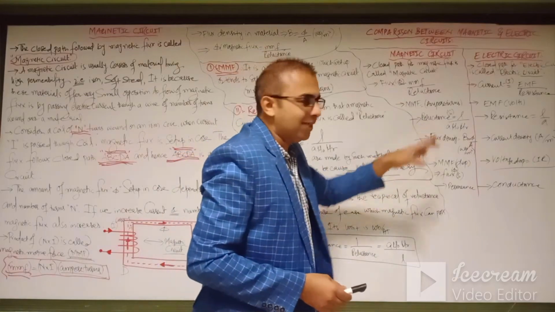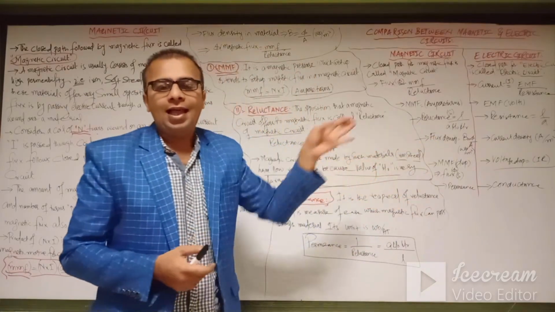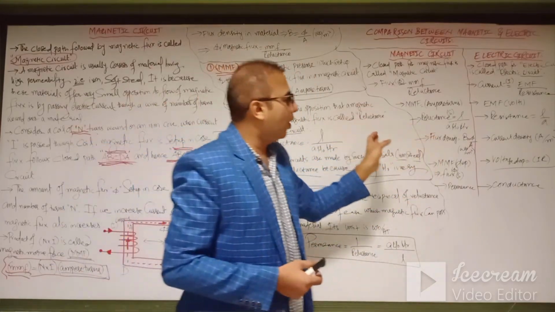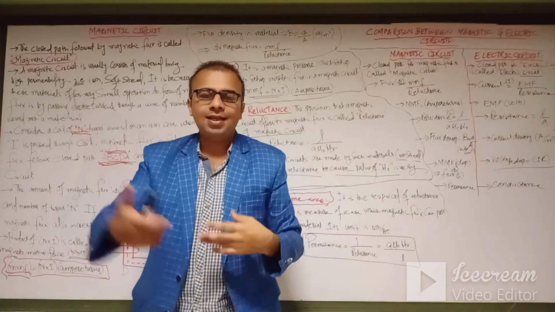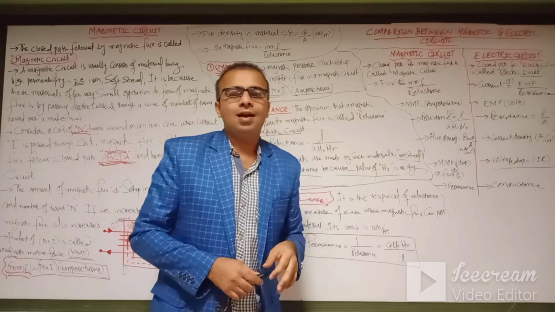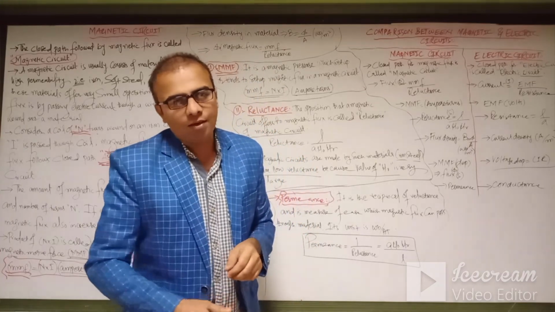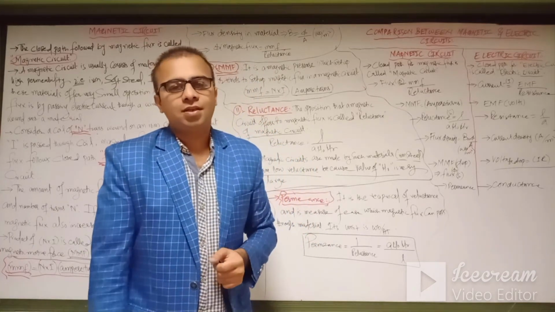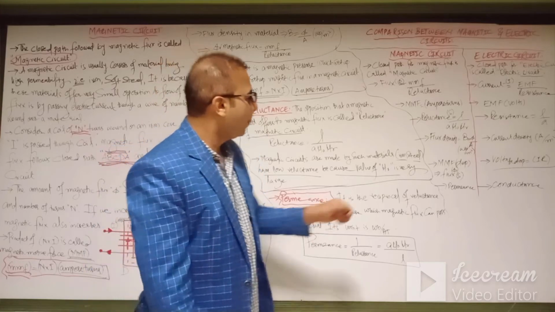Reluctance is L divided by A mu naught mu r, while in the case of resistance it is rho L divided by A. According to the law of resistance, it has a direct relationship with the length of the conductor and is inversely proportional to its cross-sectional area. What is flux density?